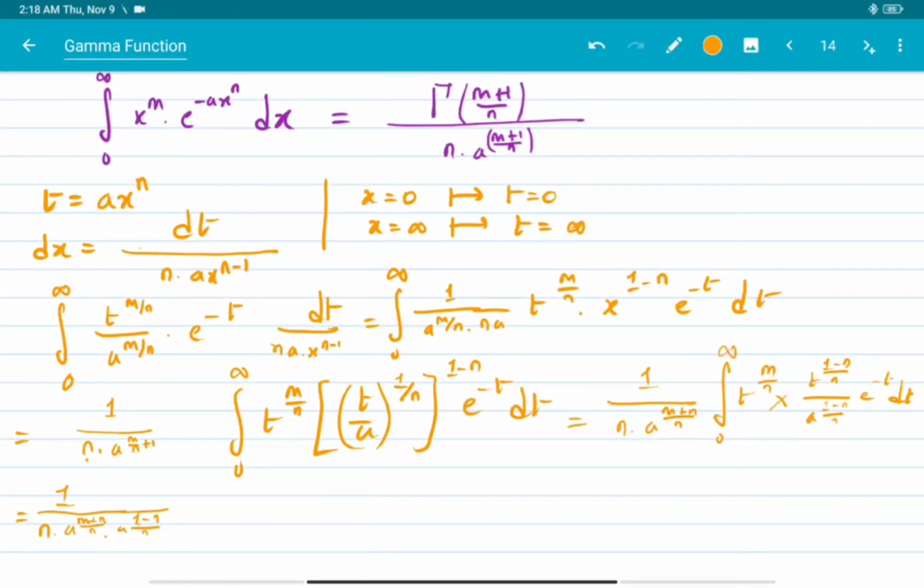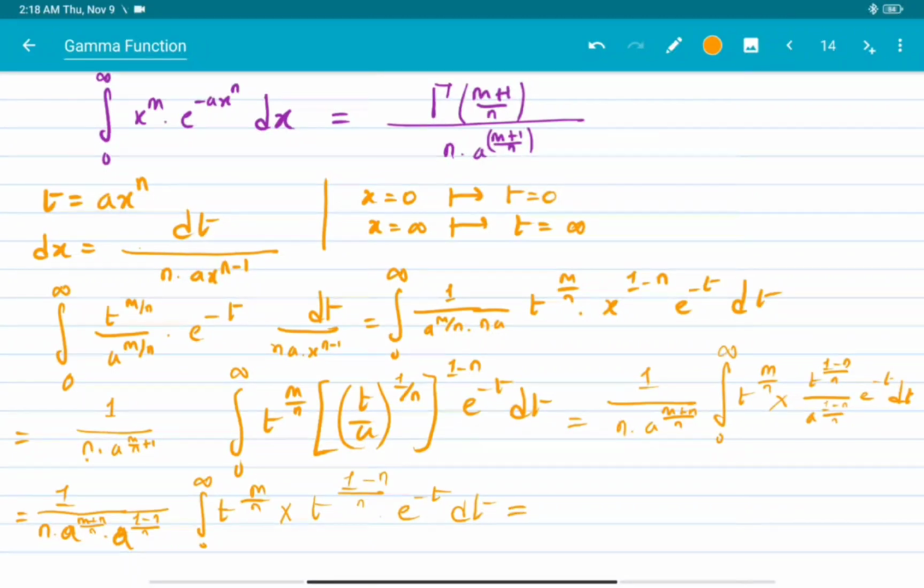I'm adding these in the power, so it will be the integral from 0 to infinity, t to the power m over n times t raised to the 1 minus n over n times e to the power minus t dt.